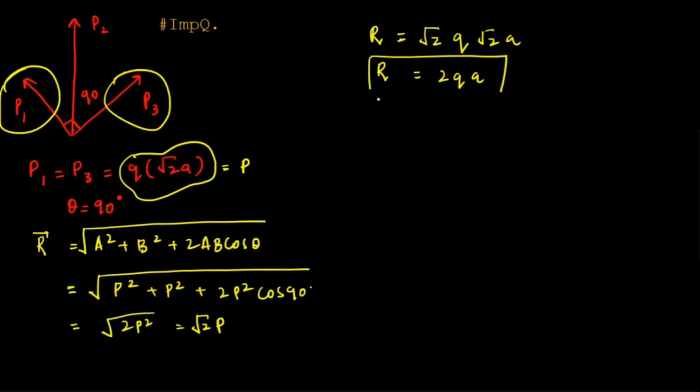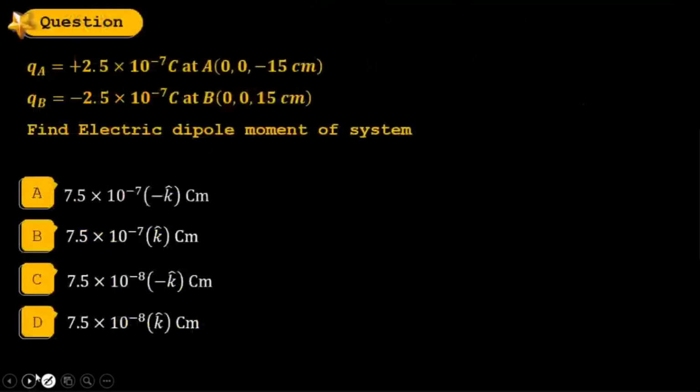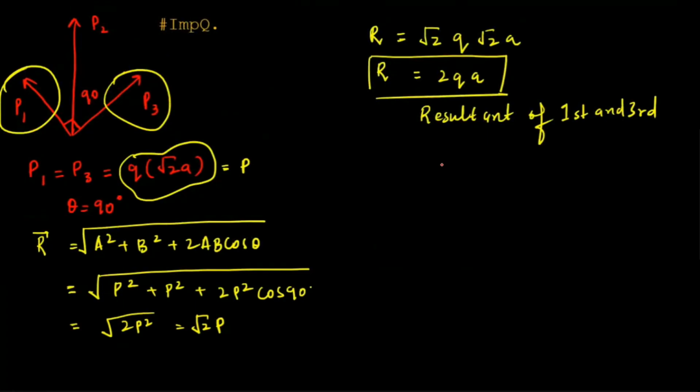Now we have the resultant of the first and third dipole, which is 2QA. And now what you can see here is that P2 was already aligned in this direction, and the resultant of these two dipoles is also going to align in the same direction.